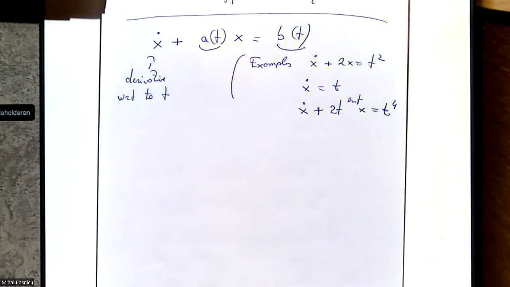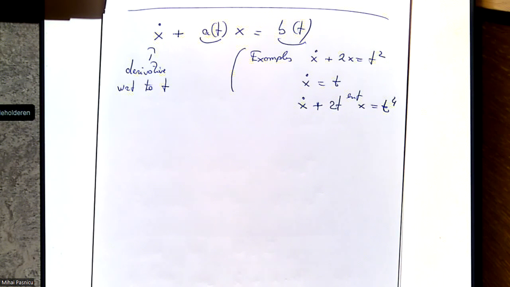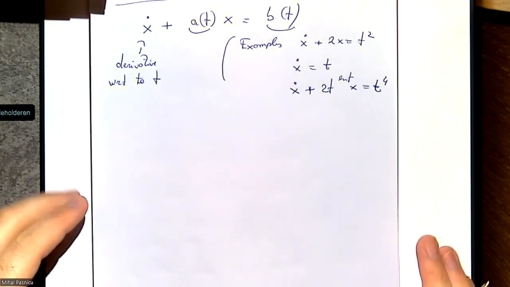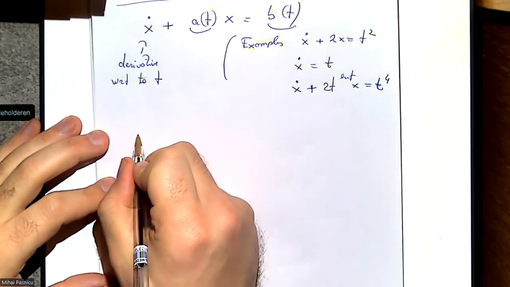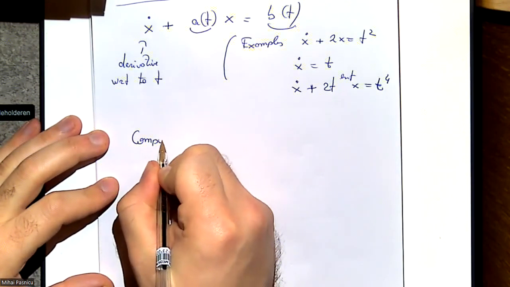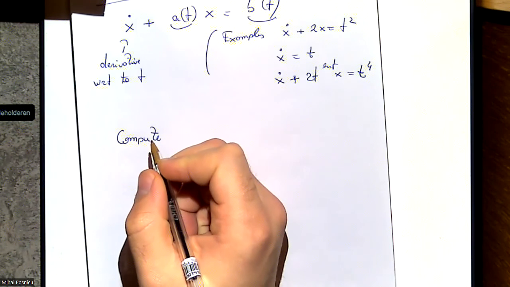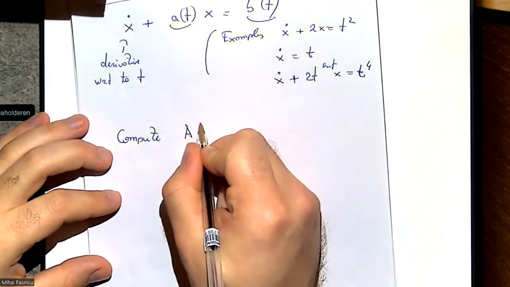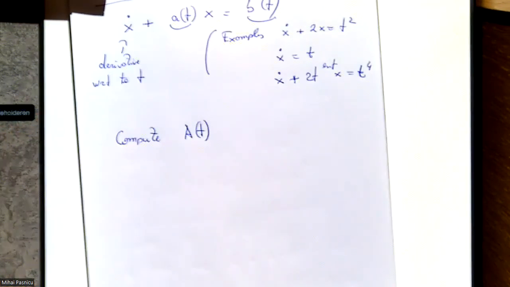Now, the steps are really telegraphed. Whenever you see this, there's no intuition to it. It's just a standard method of calculus that you need to memorize. First of all, you need to compute big A of t, using our notation.